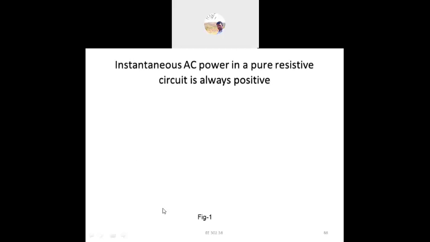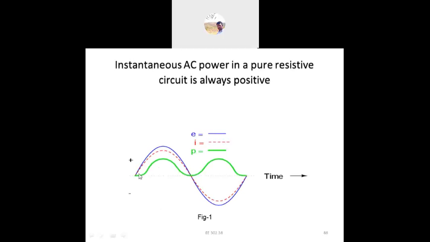Next we'll talk about the instantaneous power. Instantaneous power in a pure resistive AC circuit is always positive. You can see here the voltage and the current. The product V into I is always positive, never in the negative direction.